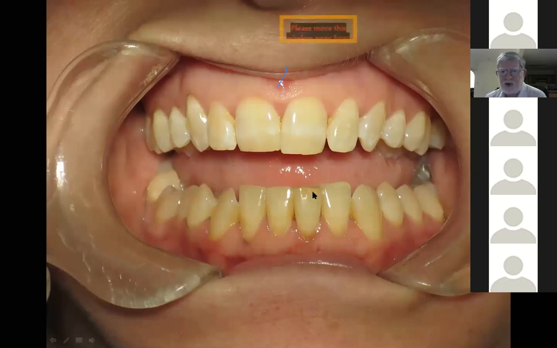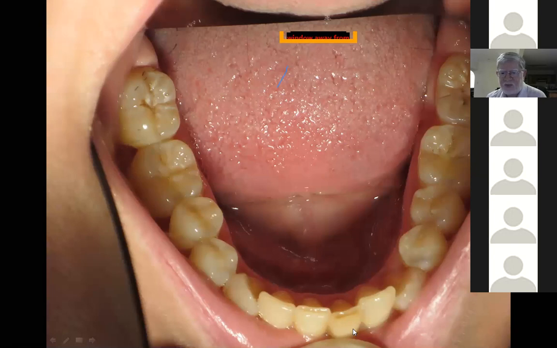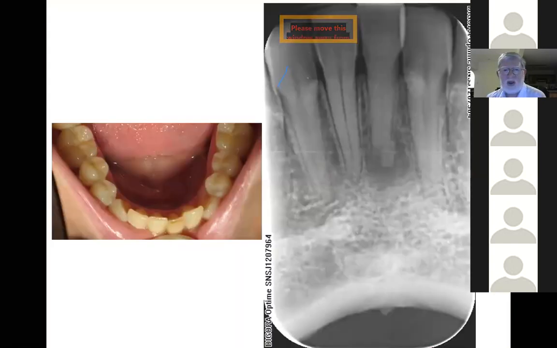Just keep a watch on the 3-1 as we go on to the next couple of pictures. It's labially placed. And if you're looking carefully, it's quite yellow compared to the other incisors. So this is what raised concern because of the discoloration of the tooth. And we've taken this PA.